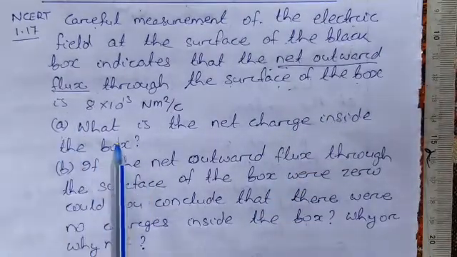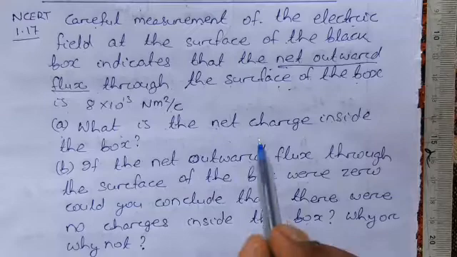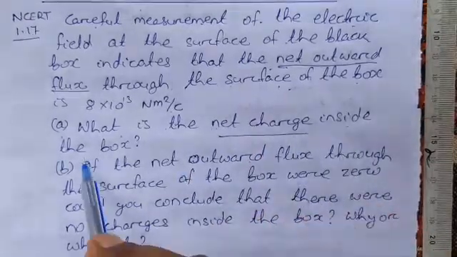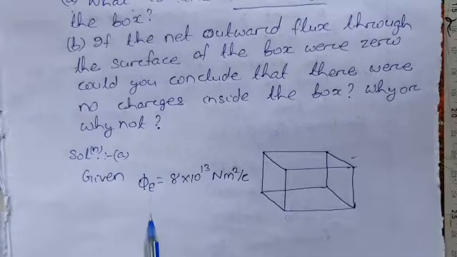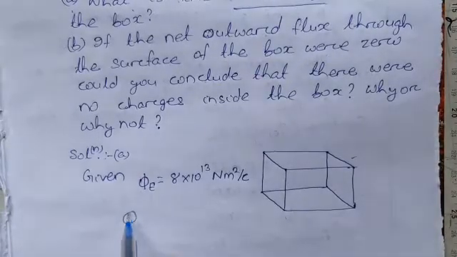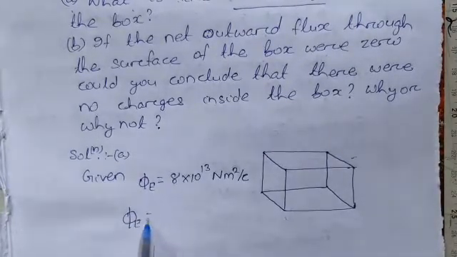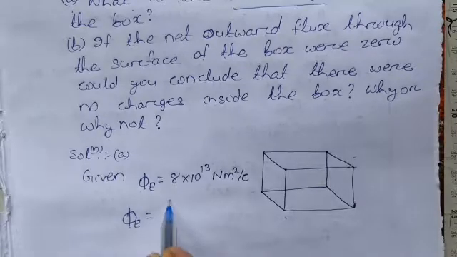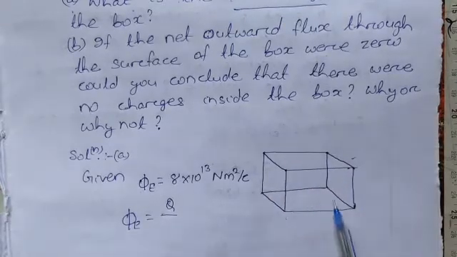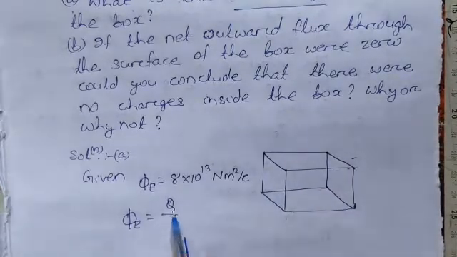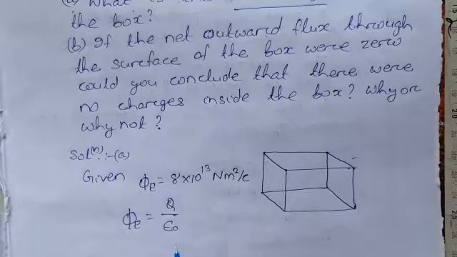So question is, what is the net charge inside the box? So this is a very easy question. According to Gauss theorem, the total flux, or I can say the net flux, is equal to the total charge enclosed by the surface. Let this is a box, black box, you can say Gaussian box. Inside this, the total charge Q divided by epsilon naught.